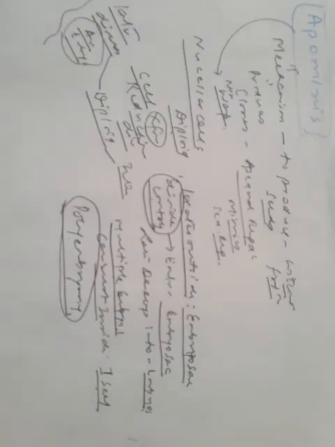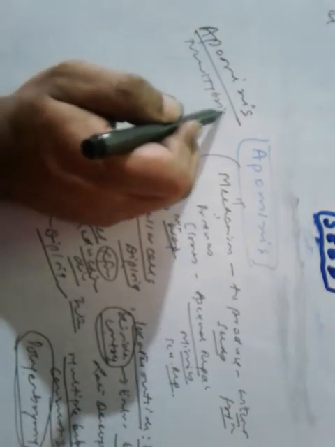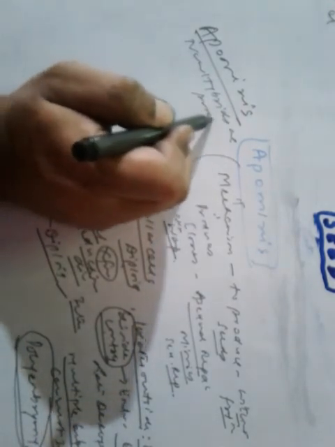So apomixis is extremely useful these days. There are various reasons attached to it. How? New hybrids are produced.